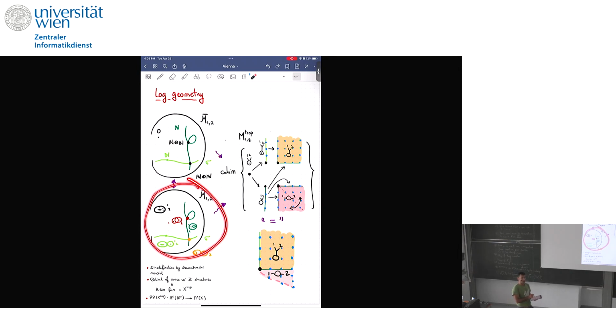It comes with a stratification by topological type of the curves parameterized, right? And so it has an interior that corresponds to smooth curves. And then it has strata corresponding to nodal curves, and the codimension of each stratum corresponds to how many nodes you have, right?